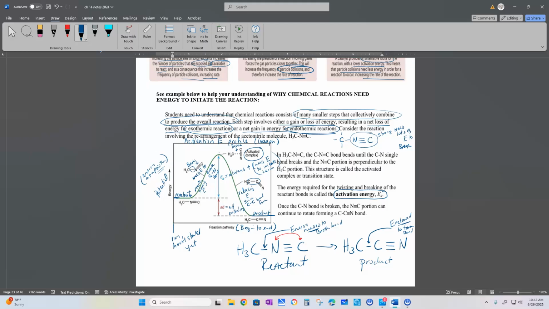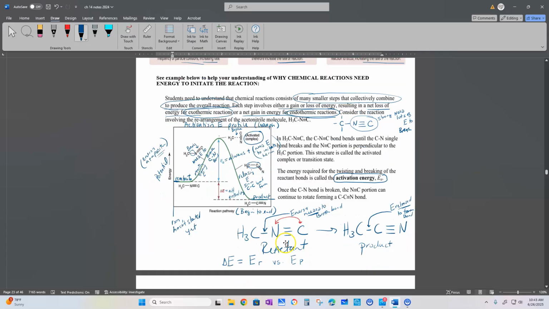So what delta E is, and you're going to see the equation down below, is they take the difference from the energy of the reactants to the energy of the products. So it's looking at the energy of the reactants versus the energy of the products.